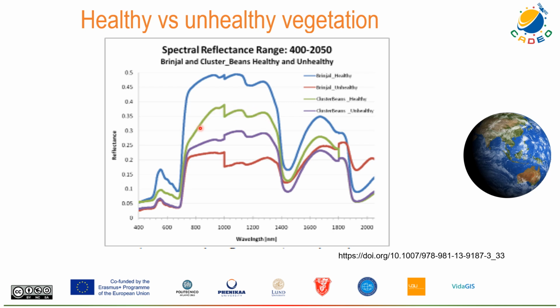Maybe it's a disease or something. And we see also the same pattern for the cluster beans. So we can actually see from space if a vegetation type is healthy and growing well, or if it's unhealthy and maybe has a disease or is affected by drought or something like that.